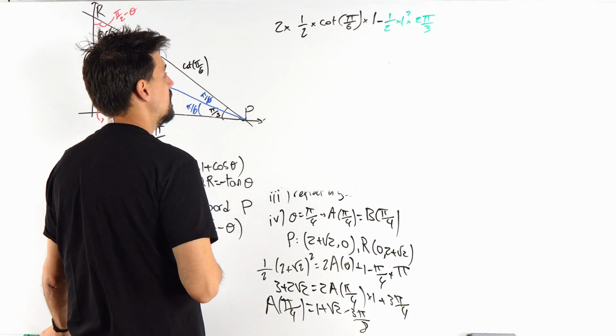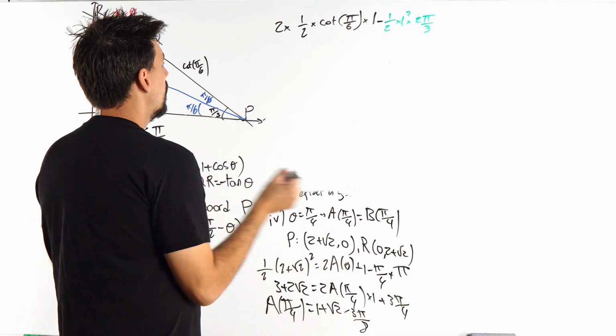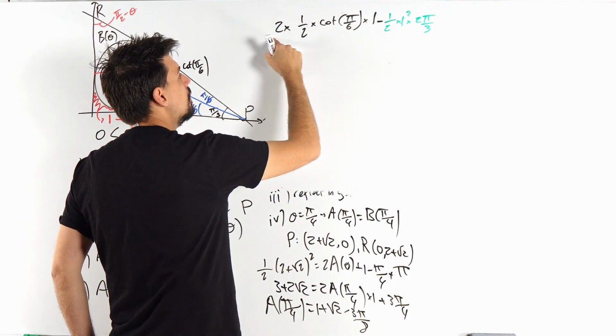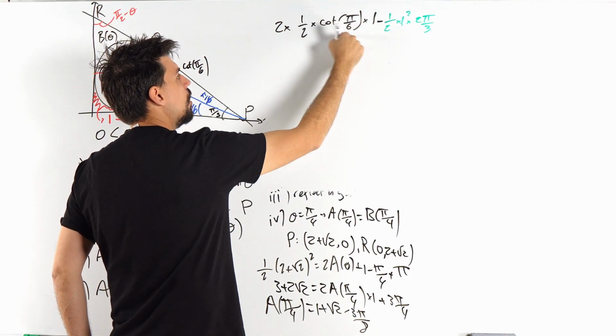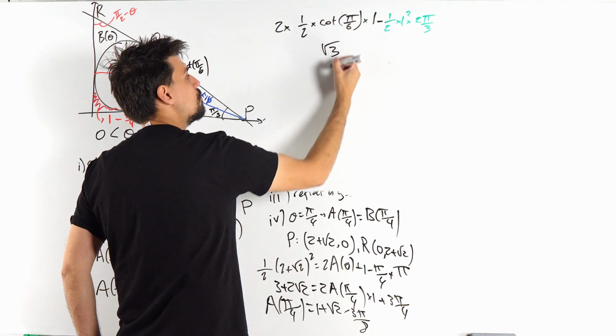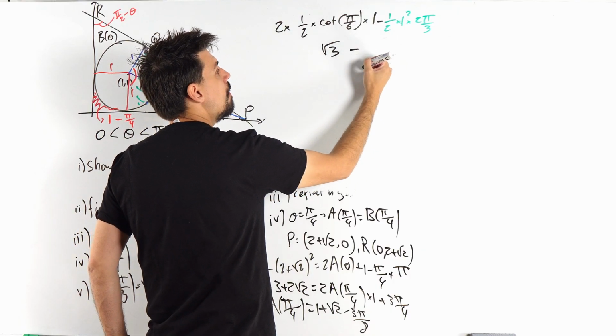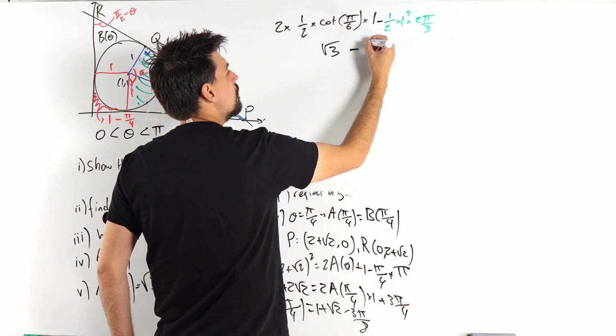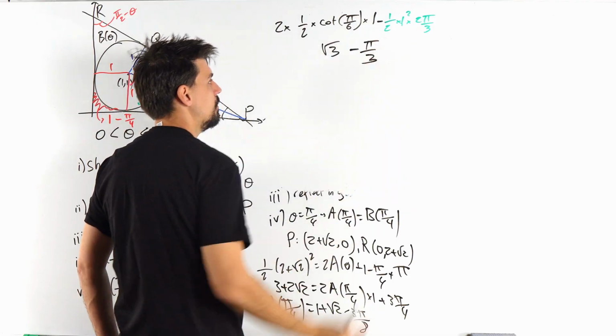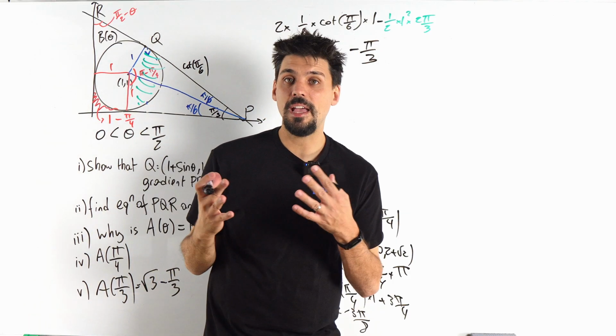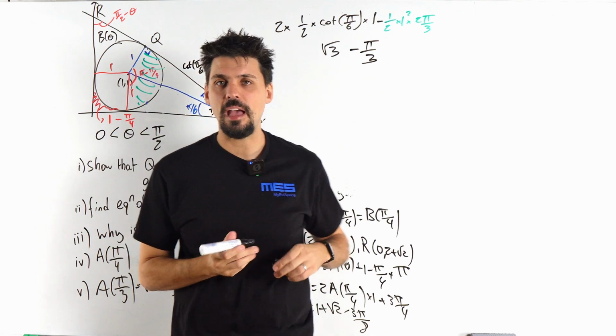And now it's just about tidying this up. 2 times 1/2, that cancels out. Cot of pi over 6 is root 3 minus 1/2 of 2 pi over 3 minus pi over 3. Remember, this is non-calculator, so we are looking out for these values.